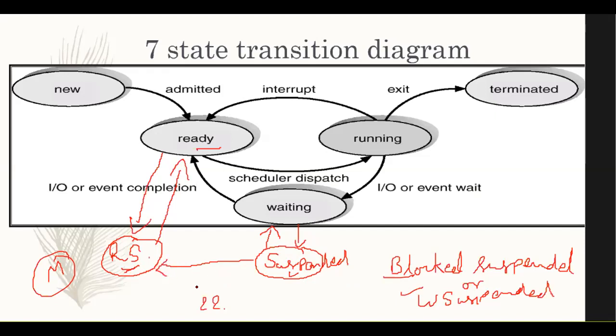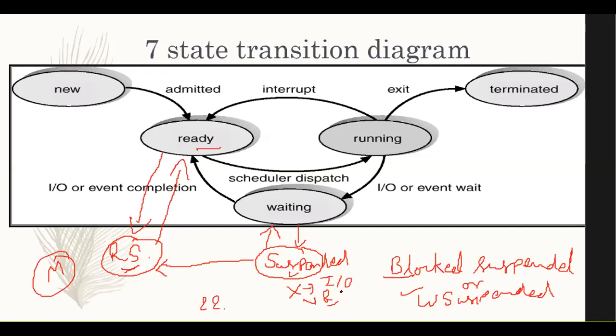Now, what is the reason behind it? The reason is, as discussed earlier, suppose any process X has completed its IO and is waiting to move to the ready state. Now the process wants to move to the ready state, but because of lack of memory, it's not able to. So where can it go?